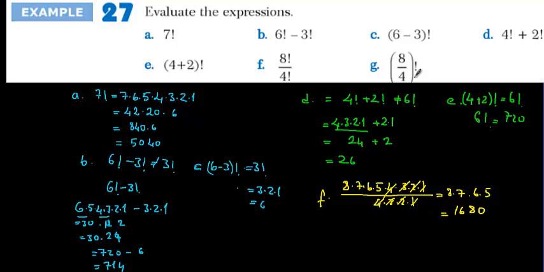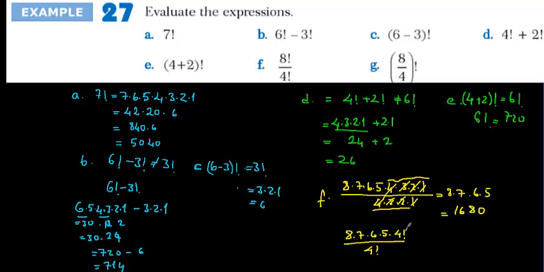8 over 4 factorial is equal to 2 factorial, which is equal to 2. Here is the important part also. As you see, the 4 factorial part is the same, so 8 factorial can be written as 8 times 7 times 6 times 5 times 4 factorial, over 4 factorial.